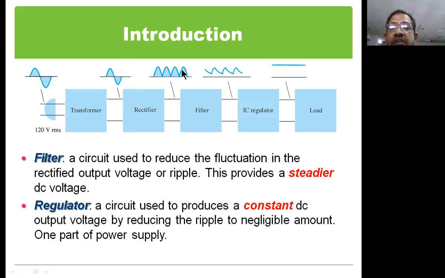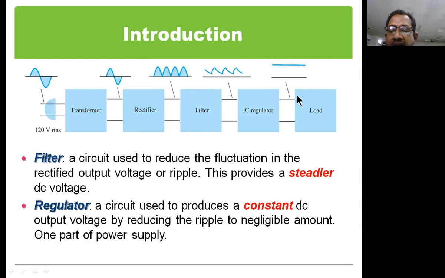So if these ripples are not fully cancelled, you're going to get such fluctuations in the output. So in order to get a pure DC, we normally use filter circuits. If the filter circuit is really good enough, then we will be getting a pure DC under the ideal conditions.